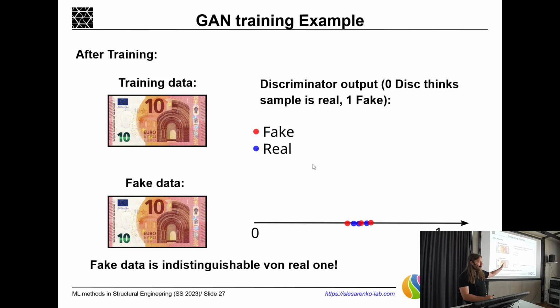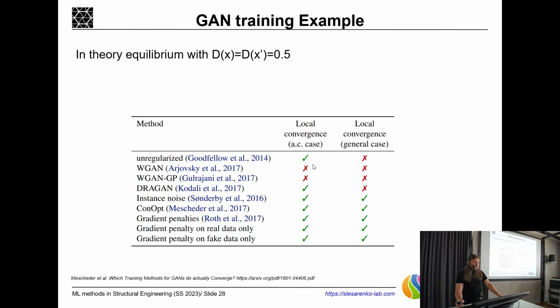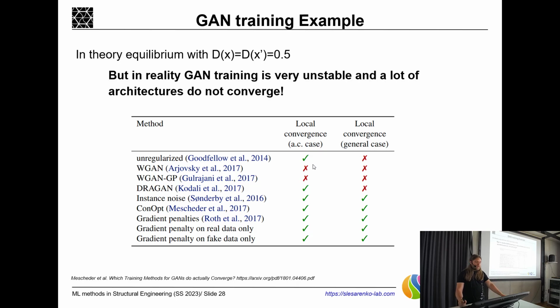Our discriminator can't decide anymore, so it just puts everything in the middle. And if that happens, in theory, our images should converge to this equilibrium of discriminator and generator. But in reality, unfortunately, training these GANs is very, very unstable. And a lot of different architectures don't converge.